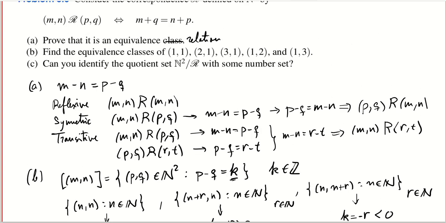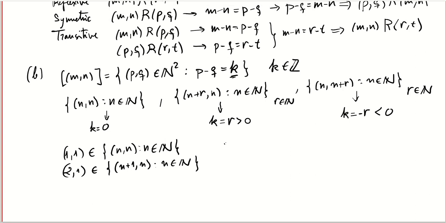Then you have (3, 1). Okay, (3, 1), the difference is 2, so it belongs to this class, where n is a natural number, right? It's another class of this type.